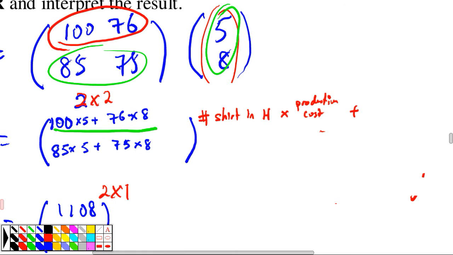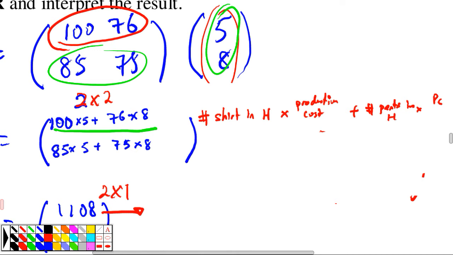So we say is what? Number of pants in Hougang times the production cost. So what does this number represent? Total amount. Okay, let me try. Total amount of shirt and pants.